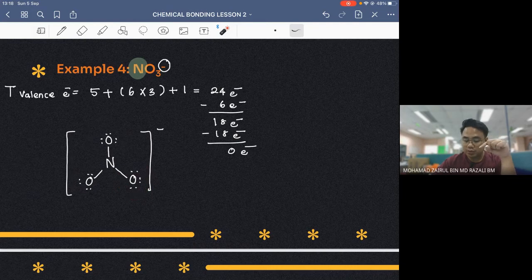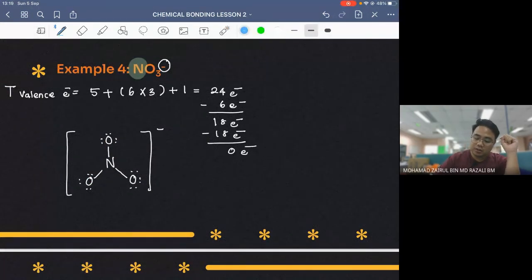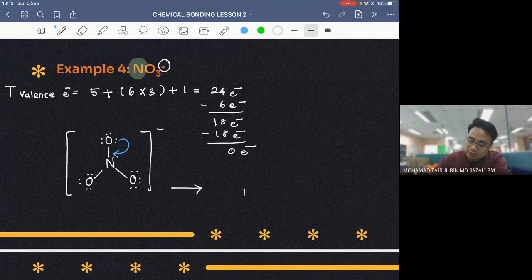However, the nitrogen only has 2, 4, 6 electrons, so it is still not octet. So, the way we octet it is we take a lone pair from the oxygen and move it here. Okay, so it will form a double bond between the nitrogen and the oxygen. It forms a double bond because the oxygen has given one pair of electrons, so it is left with 2 lone pairs. So this oxygen is still a single bond, and this oxygen is still a single bond.